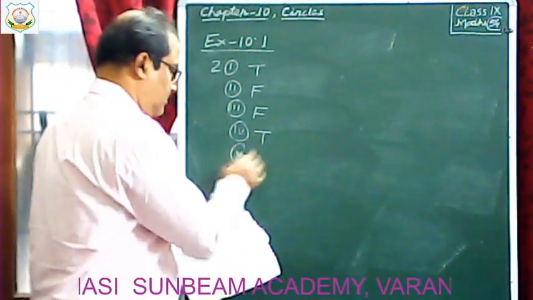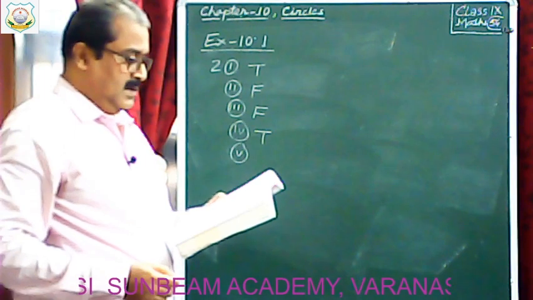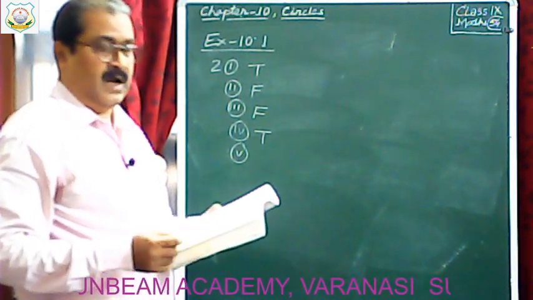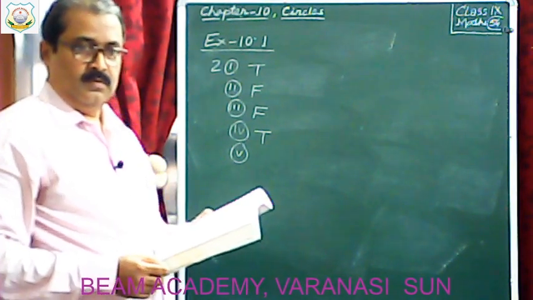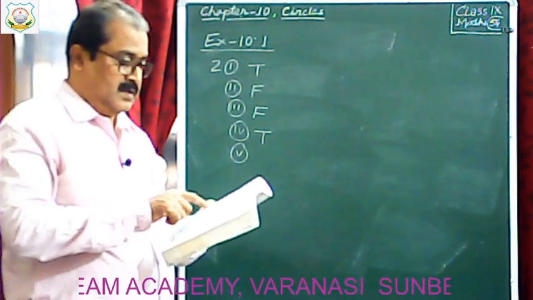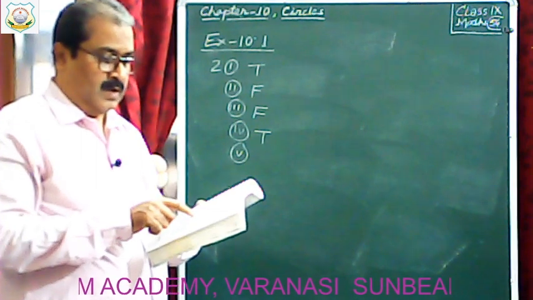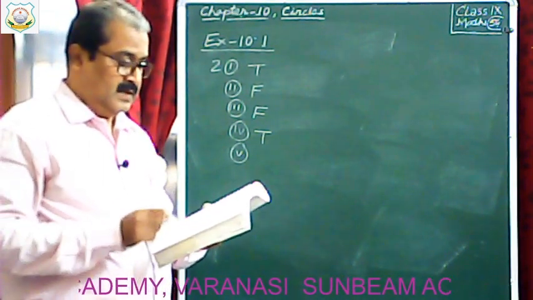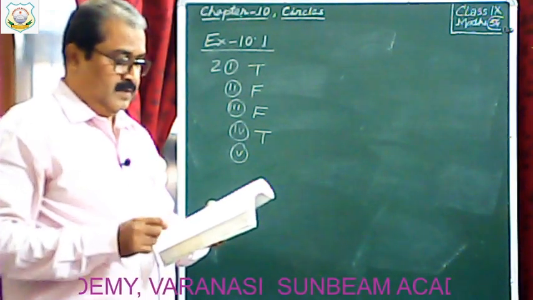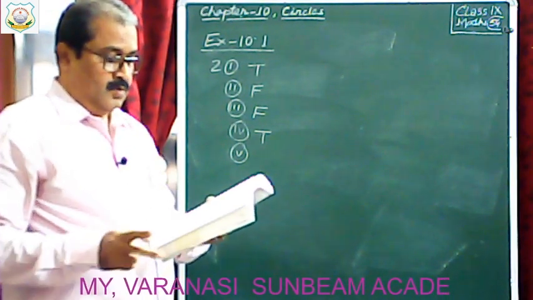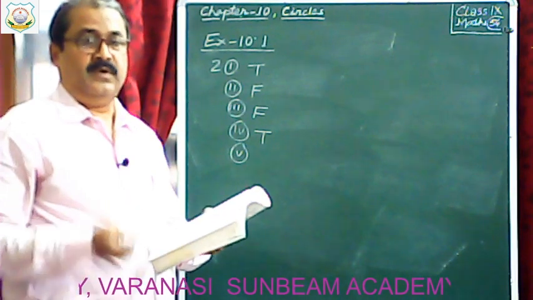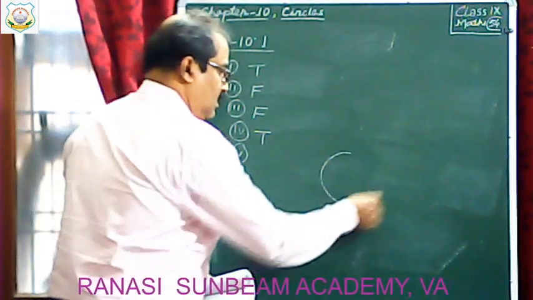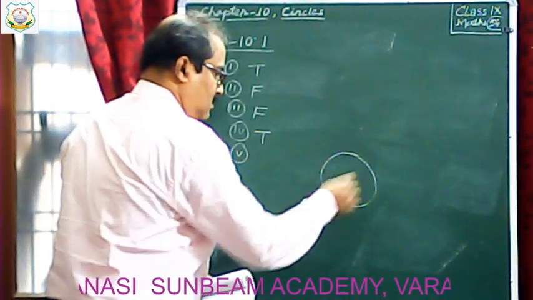Fifth, a sector is a region between a chord and its corresponding arc. Wrong. Actually, a sector is a region between two radii and the corresponding arc.